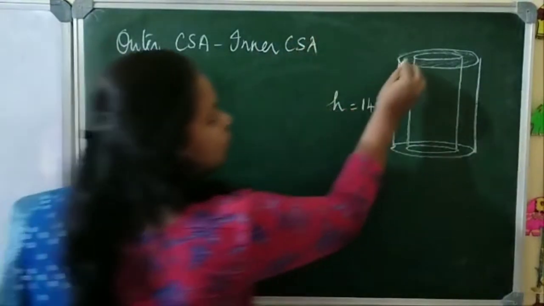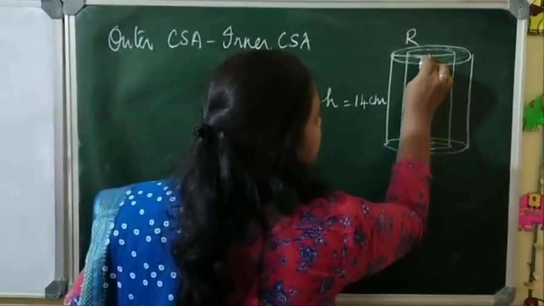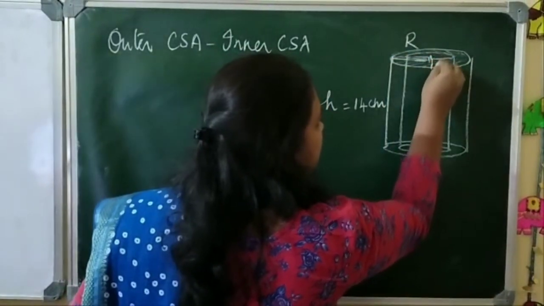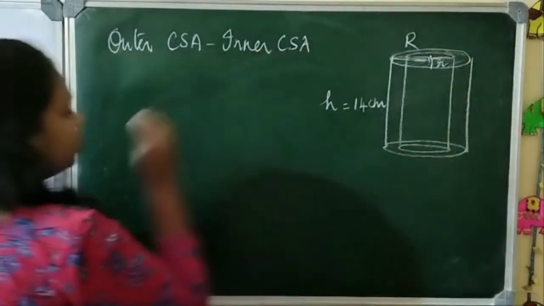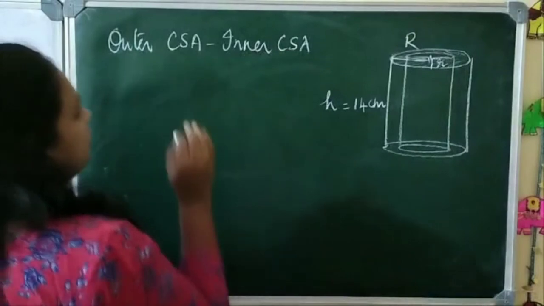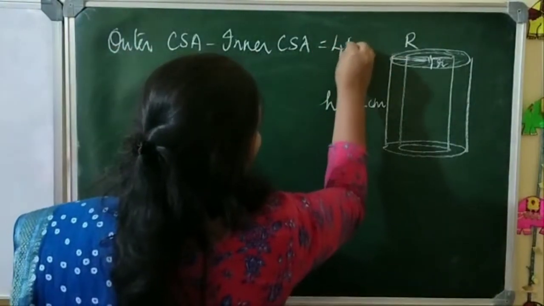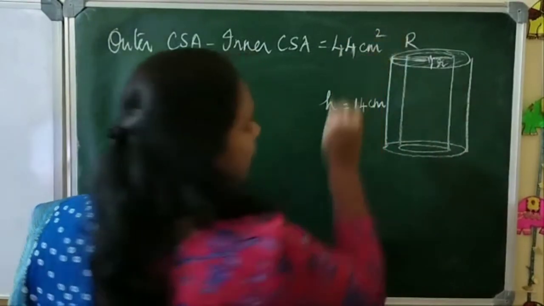So now we will consider this radius as capital R, and this radius we are going to consider as small r. So now outer CSA minus inner CSA is equal to 44 centimeter square.